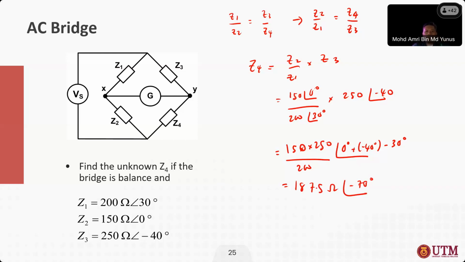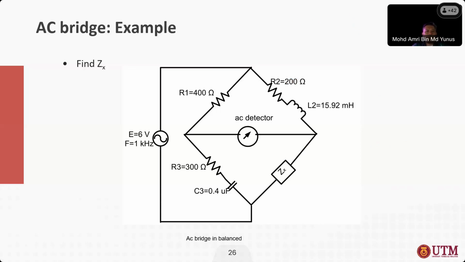So that's in the polar form. Okay, next we have this AC bridge. You can see that there are 4 arms.